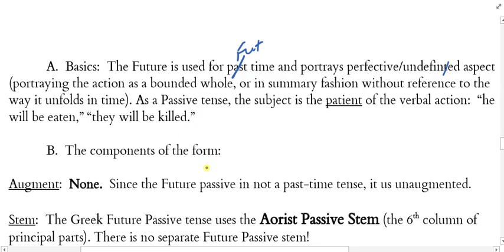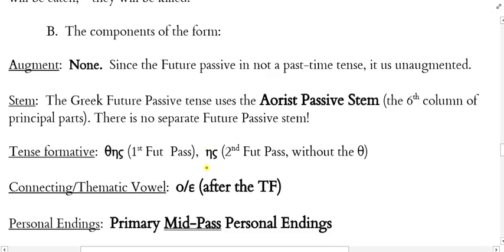Let's look at the form's components now. Is there going to be an augment in the future passive? No. The reason being that it's not a past time tense, so it's not augmented, and therefore we don't need to use one. Now, as far as the stem that's chosen, the Greek future passive is going to use the aorist passive stem. That is to say, there is no separate future passive stem.